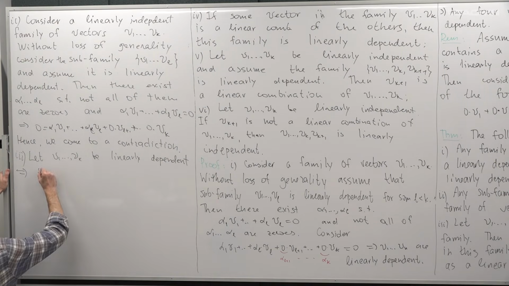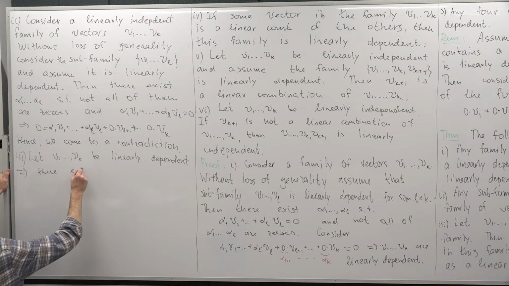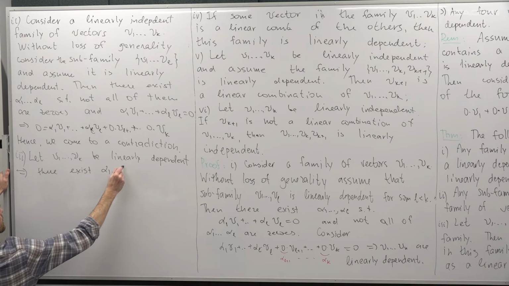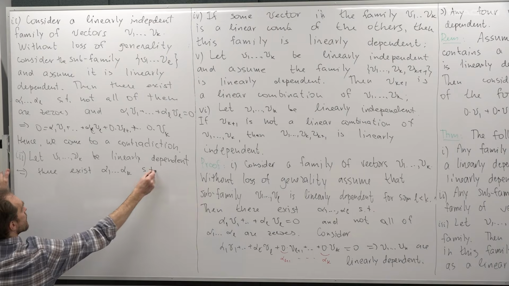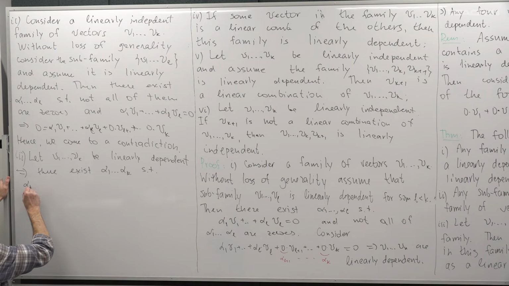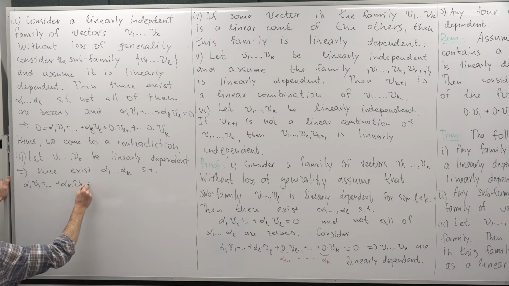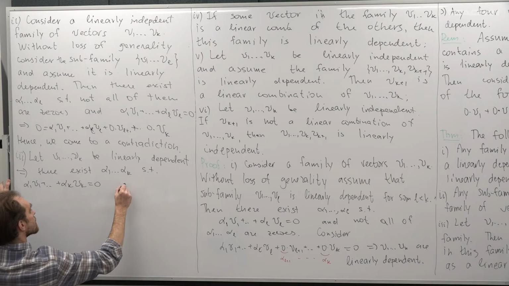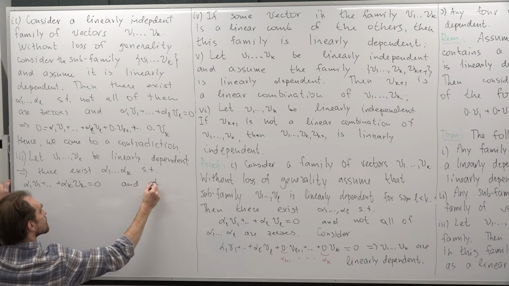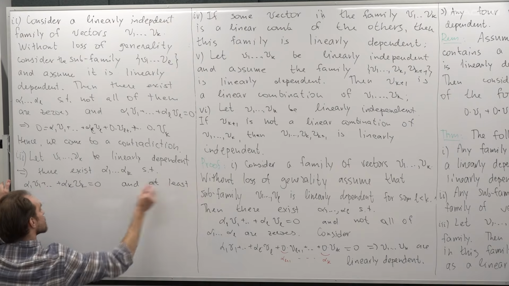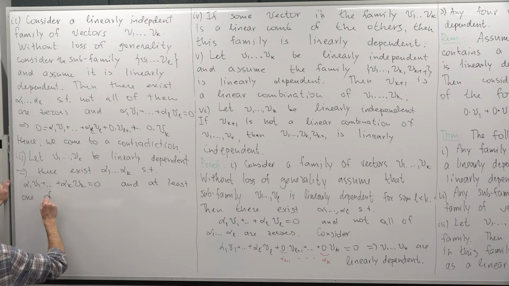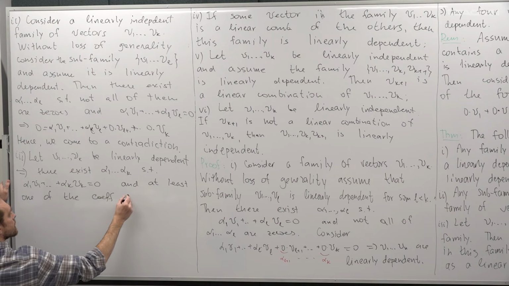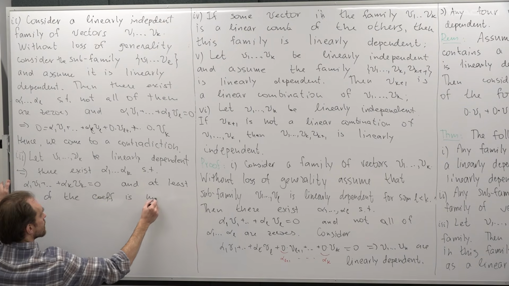So there exist alpha 1, etc., alpha k, such that alpha 1 times V1 plus etc. plus alpha k times Vk equals 0, and at least one of the coefficients is non-zero.